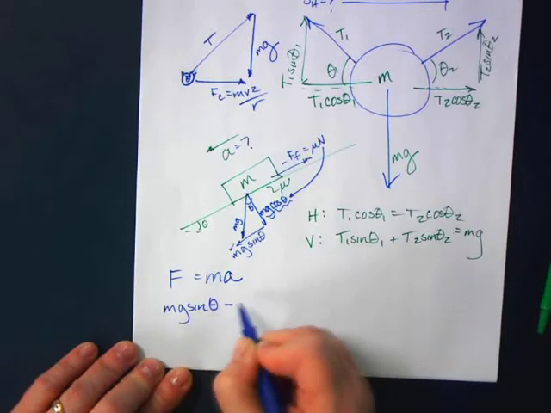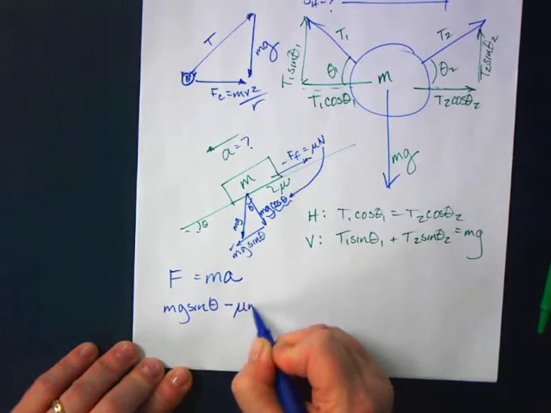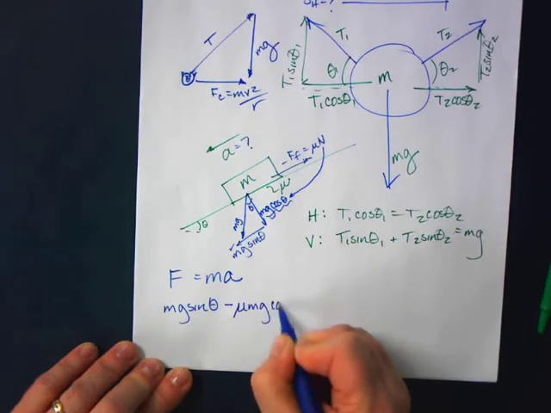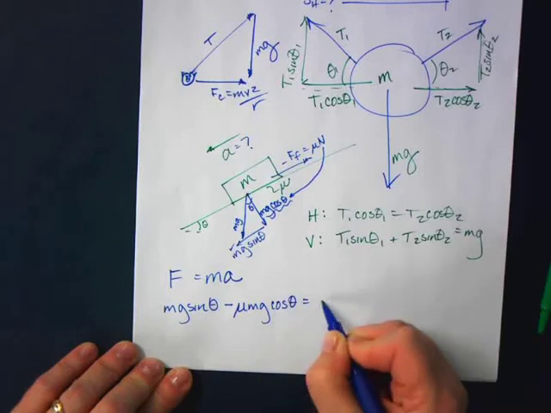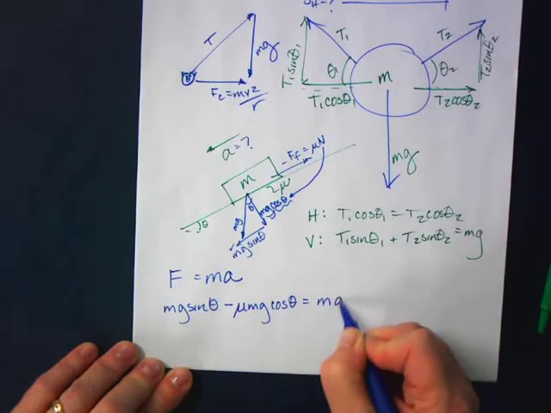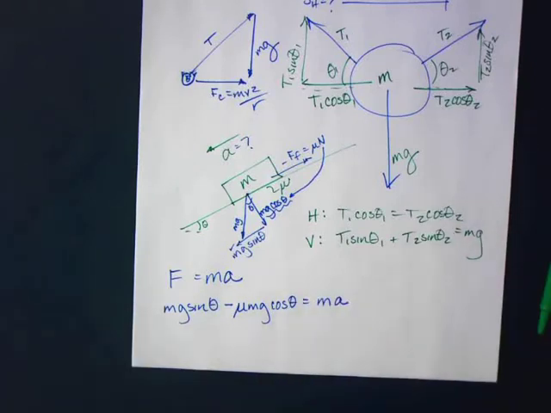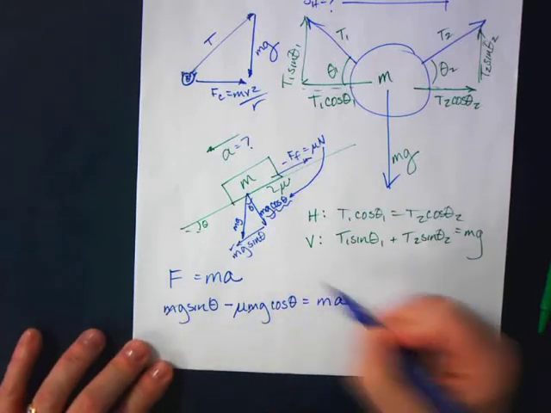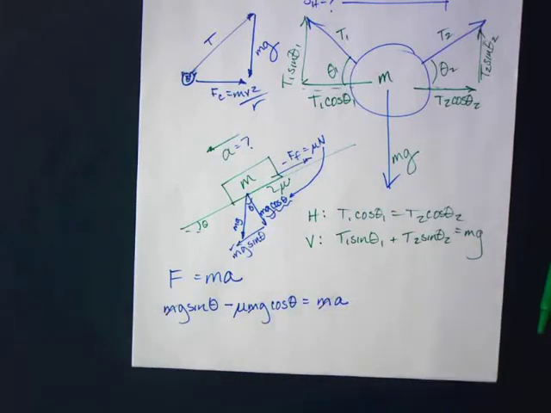Since it's sliding down the hill, we'll have mg sine theta minus mu mg cosine theta equals mass times acceleration. And in this particular problem, I wouldn't even have to give you mass because it's in each algebraic expression.